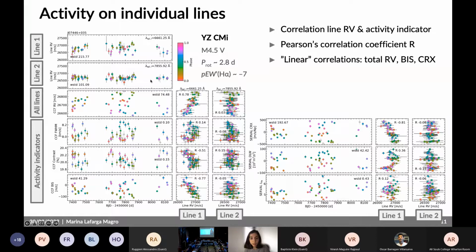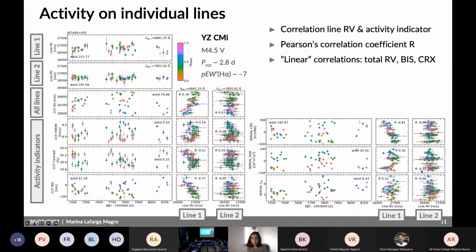Then what we did next is look at the correlation between these two lines and the different indicators that I have listed here. So that's what you can see in the small square plots here in the center, here in the right. I have the correlation between these indicators with the first line in these plots here on the middle, and here I've labeled that as line 1, and then the same thing, but for line 2 here on the center right and on the right here.